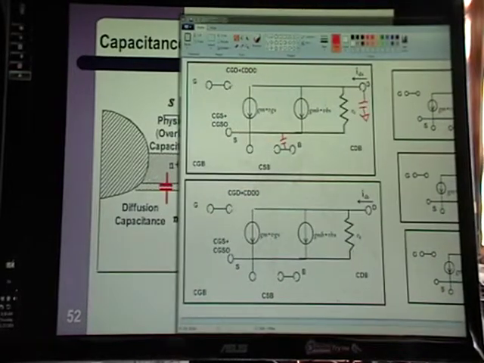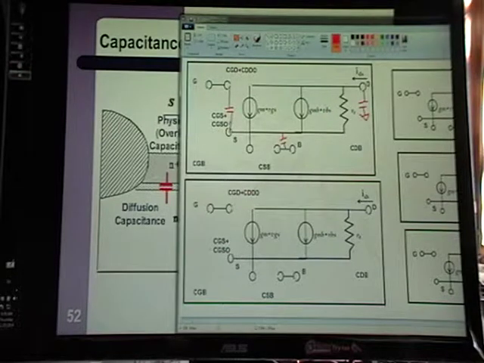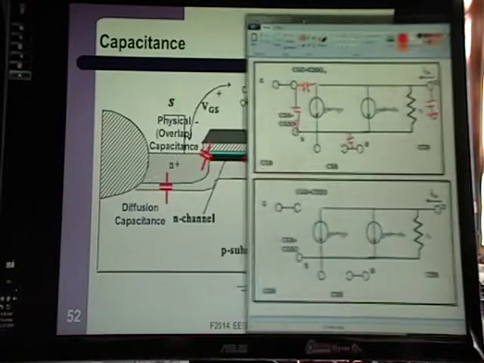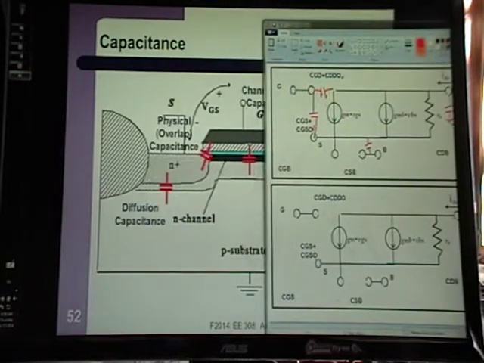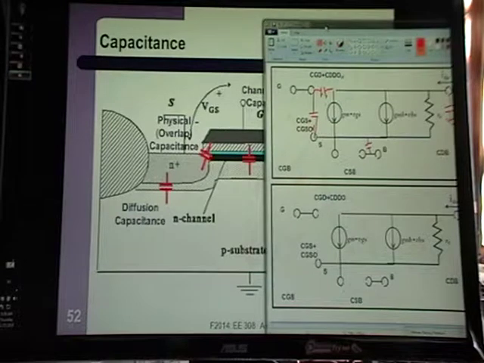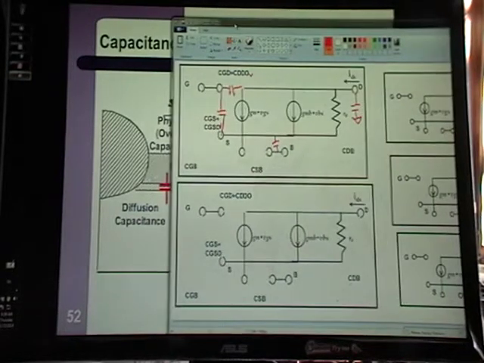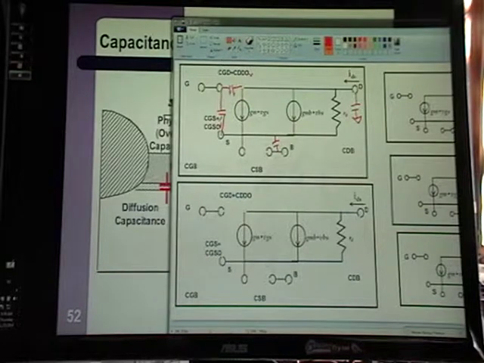So you have C gate source overlap and a C gate drain overlap. And then the last capacitance is from the gate to the channel, and we're in the forward active region, so that's going to show up also as gate source capacitance, which is this right here.